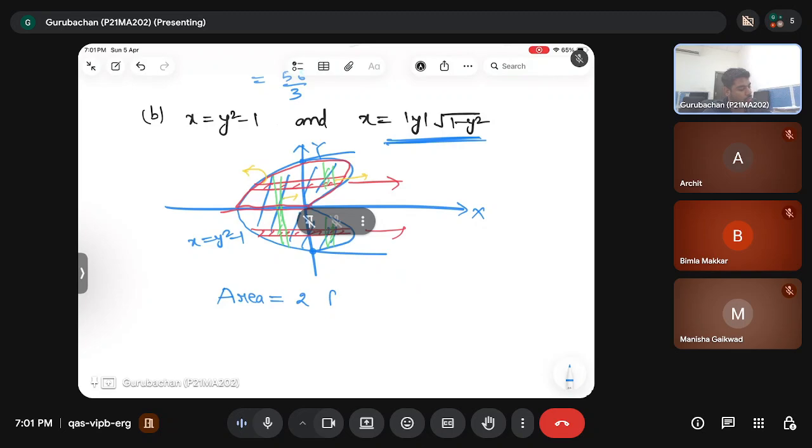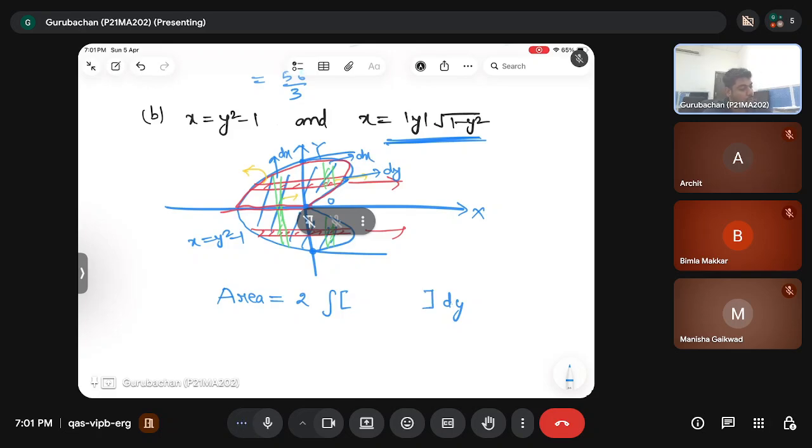So two times, because it is symmetric about the x-axis, this is the value 0. Since we are taking the horizontal strip, that means dy, so this is dy and this is dx. So what is the upper curve?